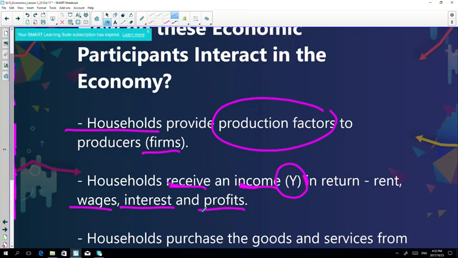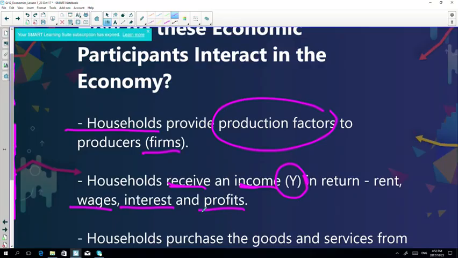and then profits as well will be part of income. Okay, so when we talk about income, we're talking about the rent that we receive, the wages that we get paid on a weekly basis, the interest that we've earned on our savings, and also the profits that come from entrepreneurship.